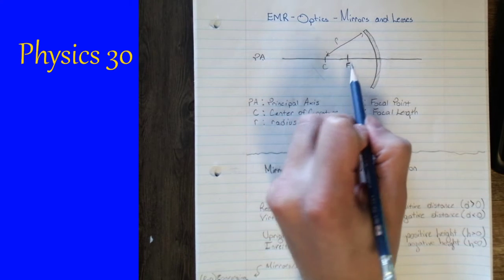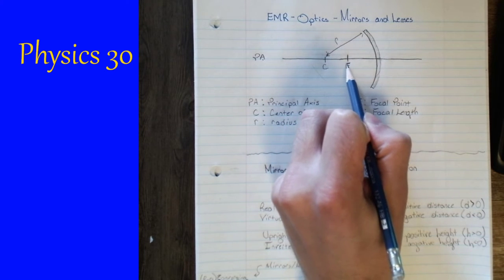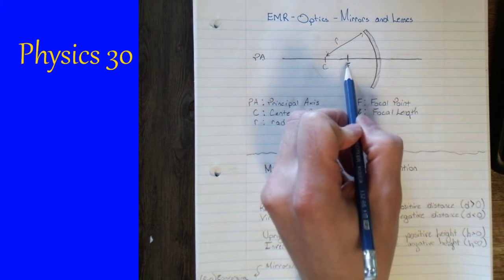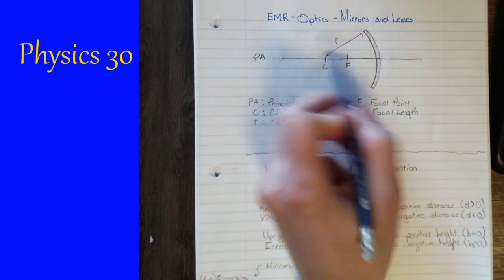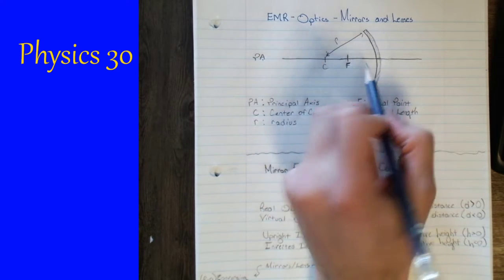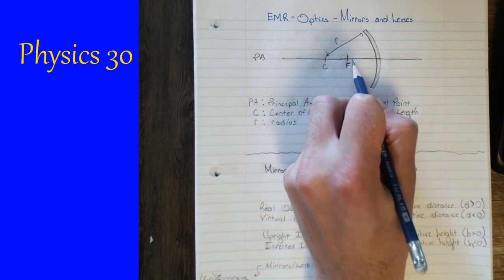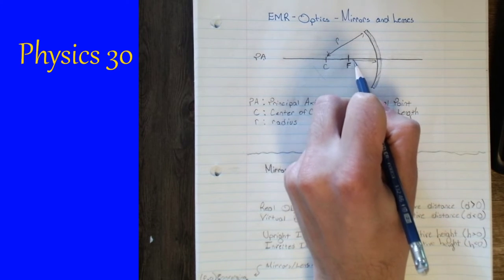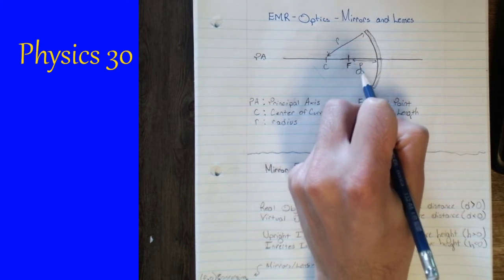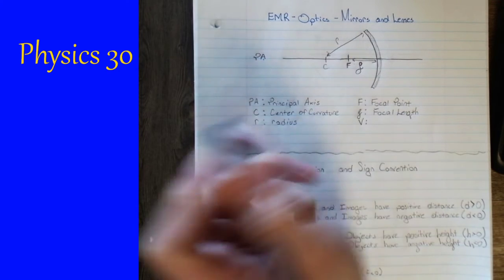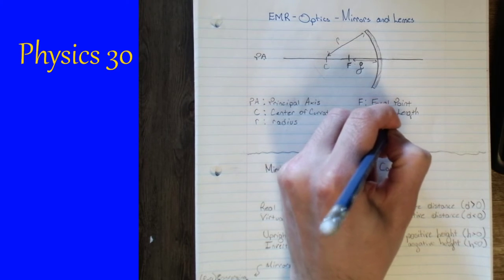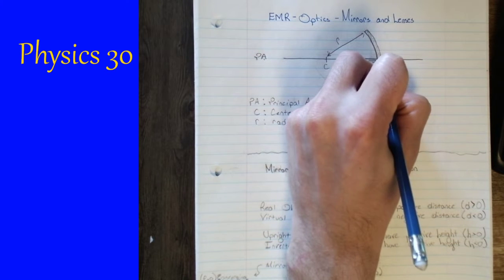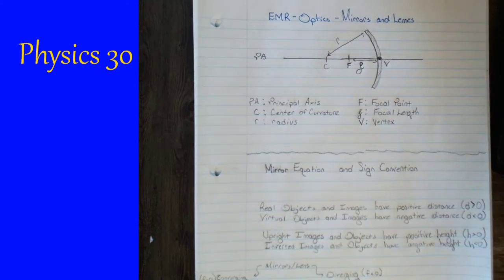But as a concept, the focal point is kind of where all the light will converge through how the mirror deflects it. And focal length is actually that distance away from the mirror. So there's your cursive F. And then finally, V is our vertex. So this point here represents a vertex.